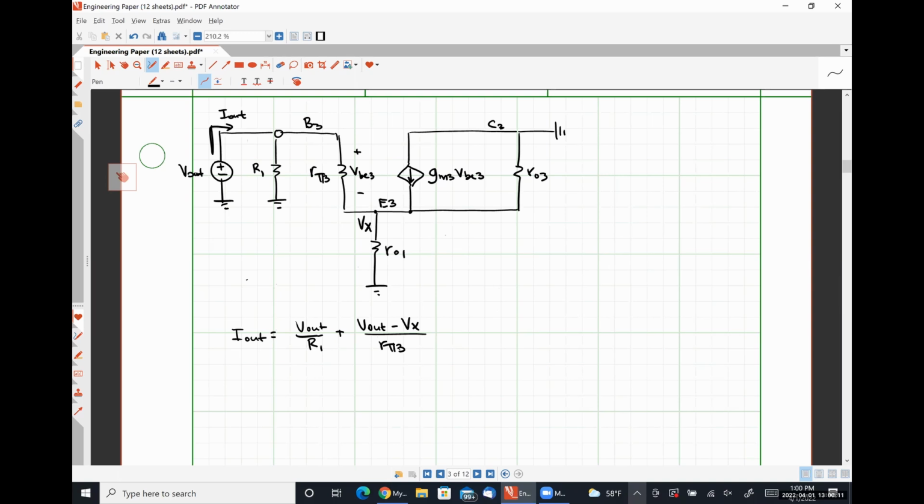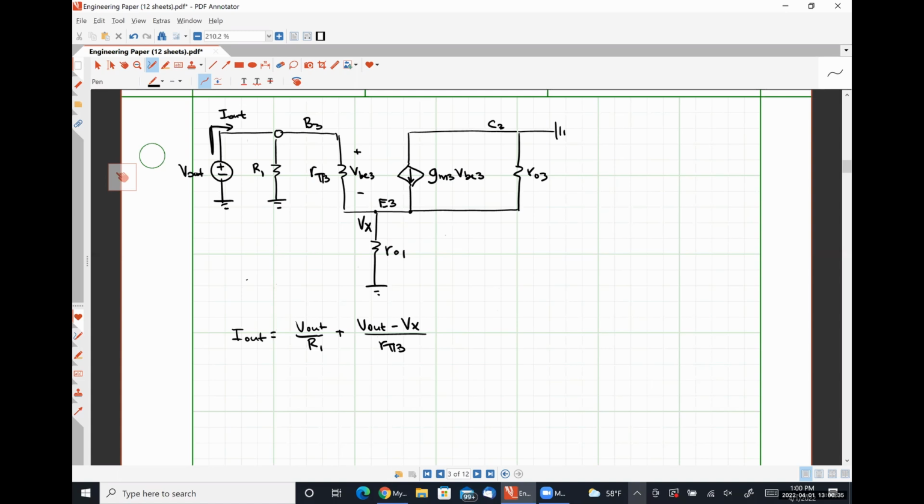Is there a question about the R pi 3? I said that would be equal to VBE3.